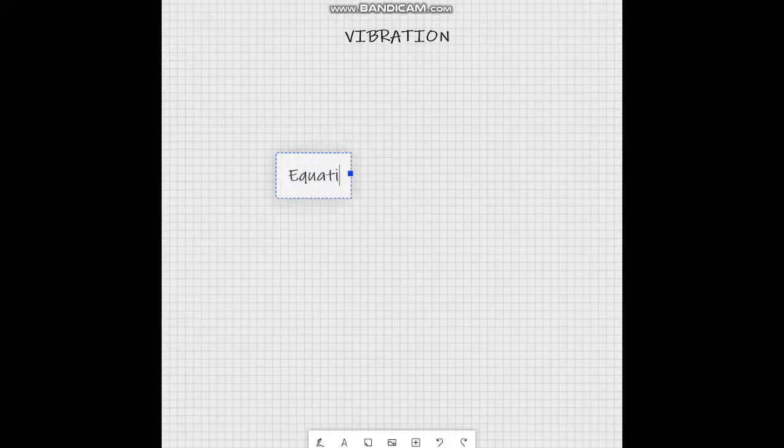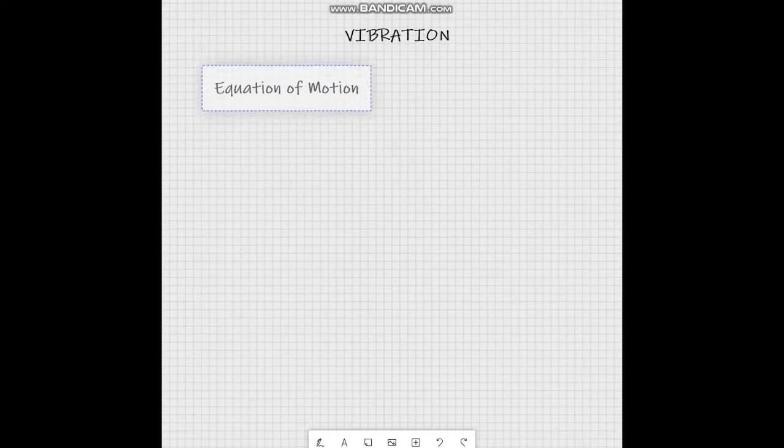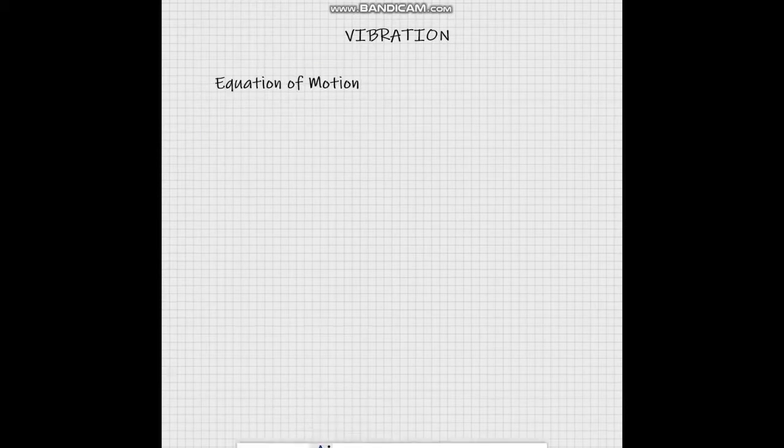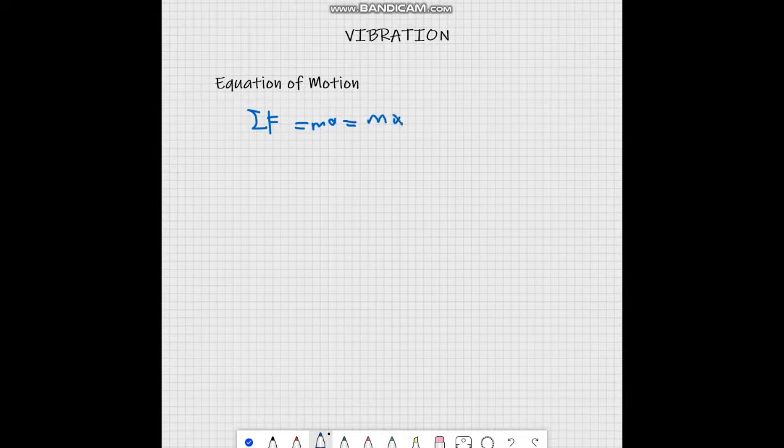Let's start with the equation of motion, which we use mostly in this course, in the dynamics course. Equation of motion, if you remember, is the total force equal to the mass multiplied by the acceleration of an object, which can be shown as mass multiplied by the position's double derivative with respect to time, which is x double dot.